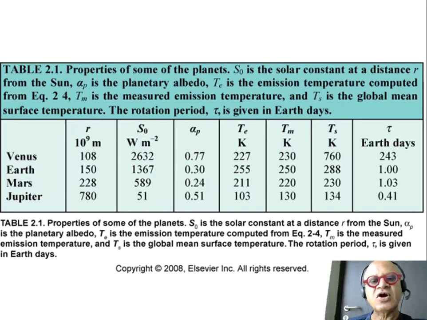We will learn a concept called albedo, alpha, and Venus has a very high mean albedo because of its gases in the atmosphere. The albedo itself is just the reflectivity to the Sun's radiation.